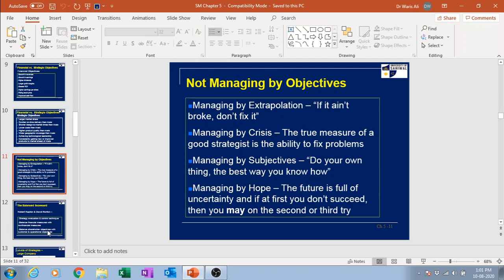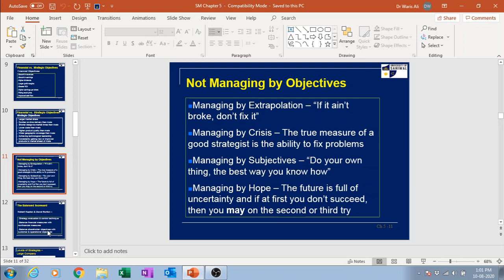Keep in mind one thing: please avoid the following. Sometimes we have an attitude that if I haven't broken it, I will not fix it. Please try to avoid this attitude.